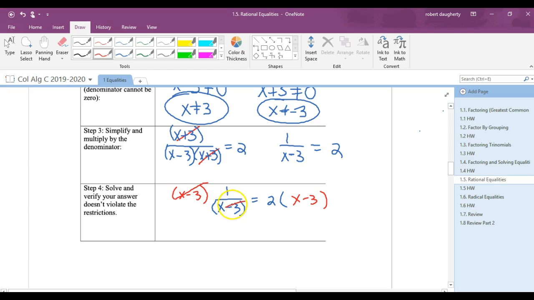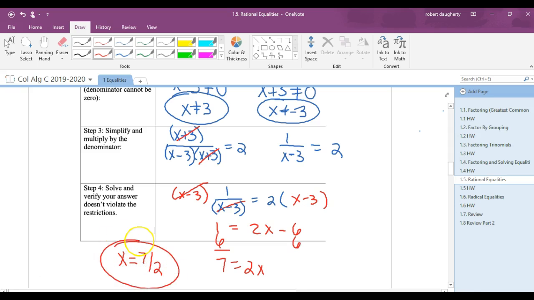Because that makes this side a whole lot easier and there are no fractions. So all we're doing, we're multiplying everything in the equation by the denominator. So here I get 1 equal 2x minus 6. If I add 6 to both sides, I get 7 equals 2x. So what does x equal? Yeah, x equals 7 over 2.